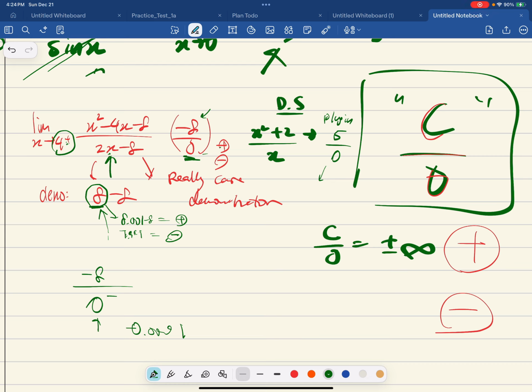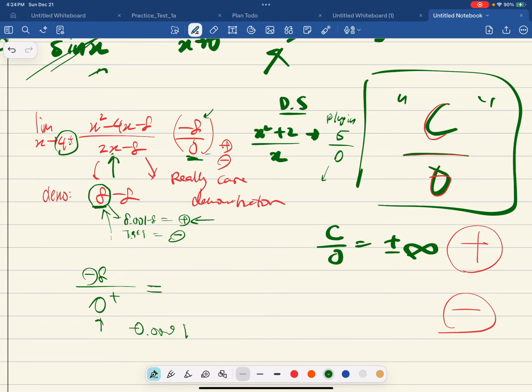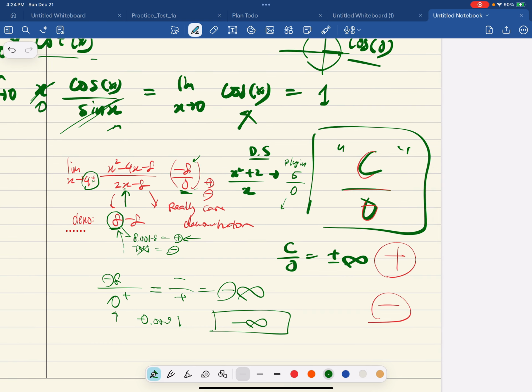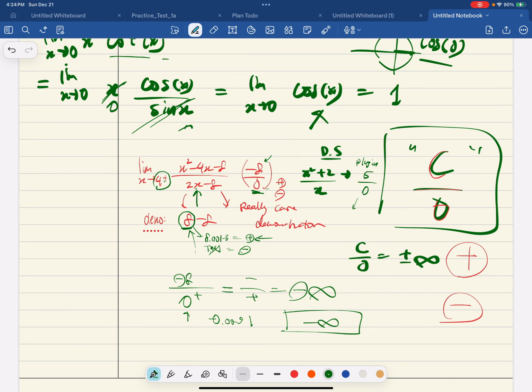Plugging it in, you get a negative on the top and a positive on the bottom because our result was this one, not that one. Negative over positive is negative. That's it. Negative what? Negative infinity. So the answer is negative infinity.